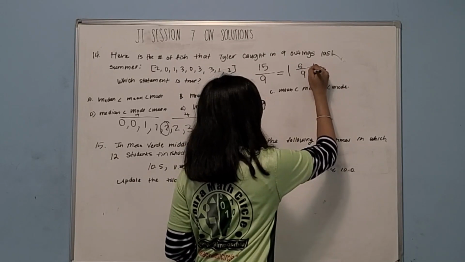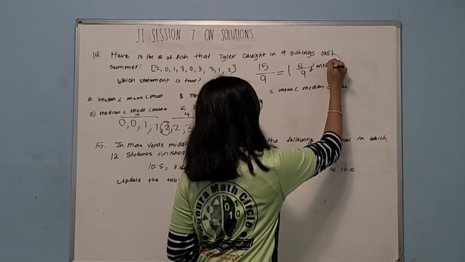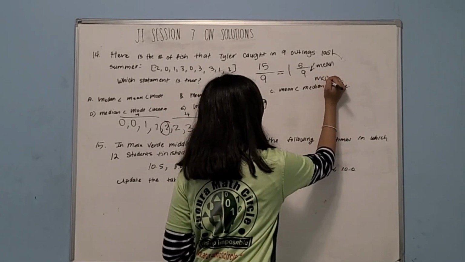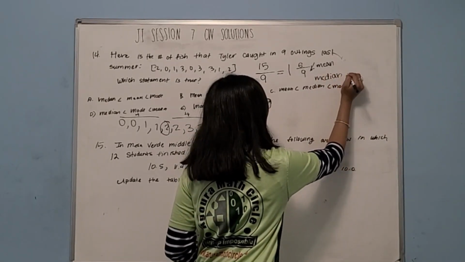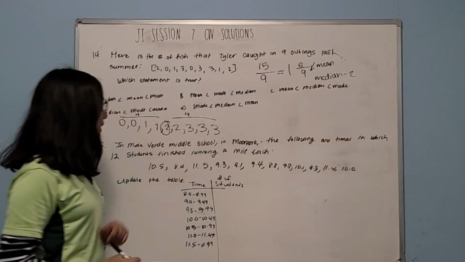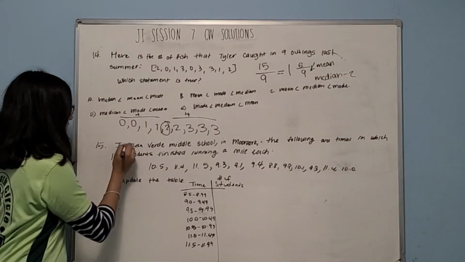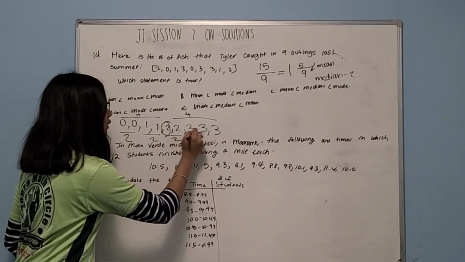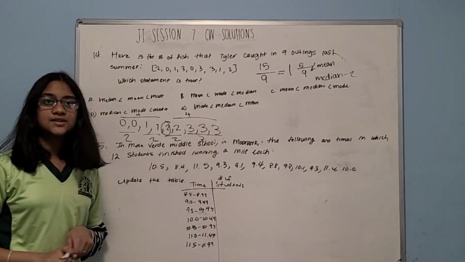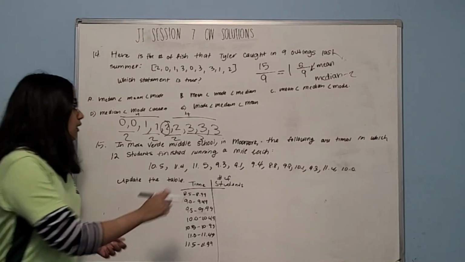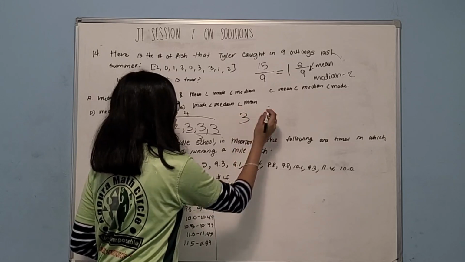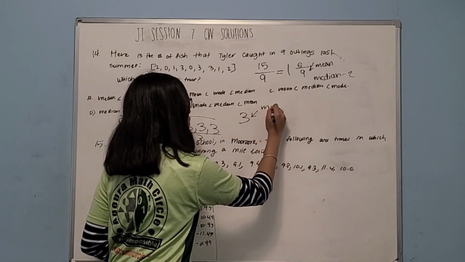So this over here is the mean, and the median is 2. Now, using the same set, we can find the mode. So obviously, we have 2 zeros, 2 1s, 2 2s, and 3 3s. So since 3 is the most, we know that the mode is 3. So this is the mode.